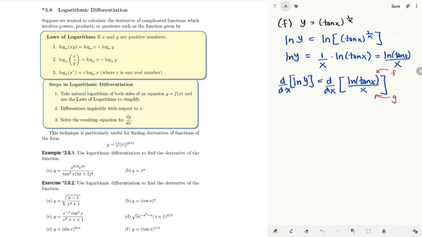So on the left hand side, we have 1 over y times dy over dx is equal to f prime, which is 1 over tan times secant squared times g, minus the ln of tangent times the derivative of g, which is 1, and this is all over g squared.